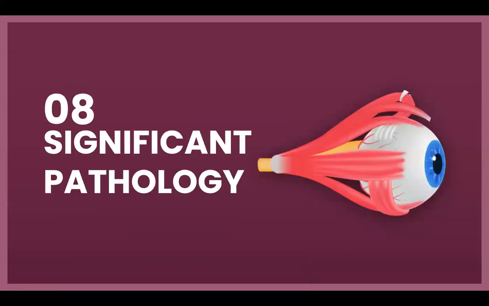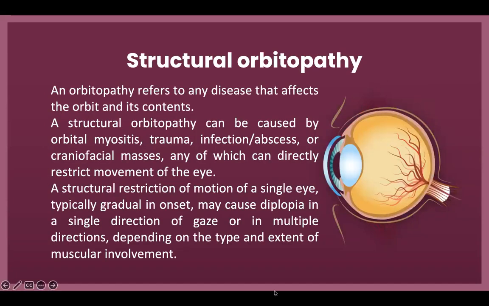Okay, now we are done with the overview or with the scheme of the topic today, but we have some points related to some significant pathology we can consider in diplopia. We have what's called structural or orbitopathy, or what's called orbital apex syndrome. There is some pathology inside the orbit causing diplopia in some cases.